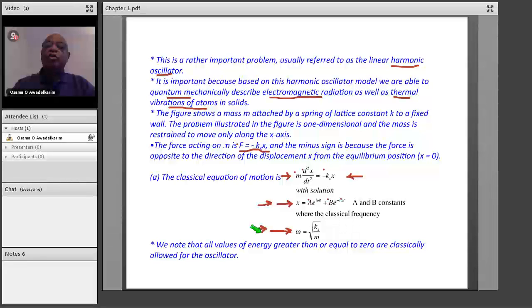We know that classically, any energy greater than or equal to zero is actually allowed for the oscillator. So this is the classical picture, and the outcome is oscillations.